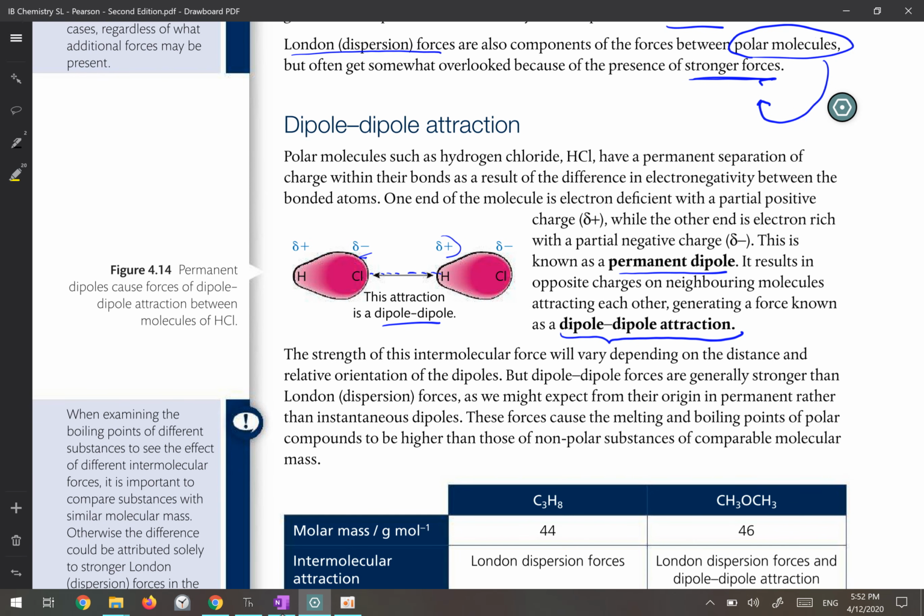Okay, so the strength of this intermolecular force depends on the distance between two molecules, and also the relative orientation of these two dipoles.